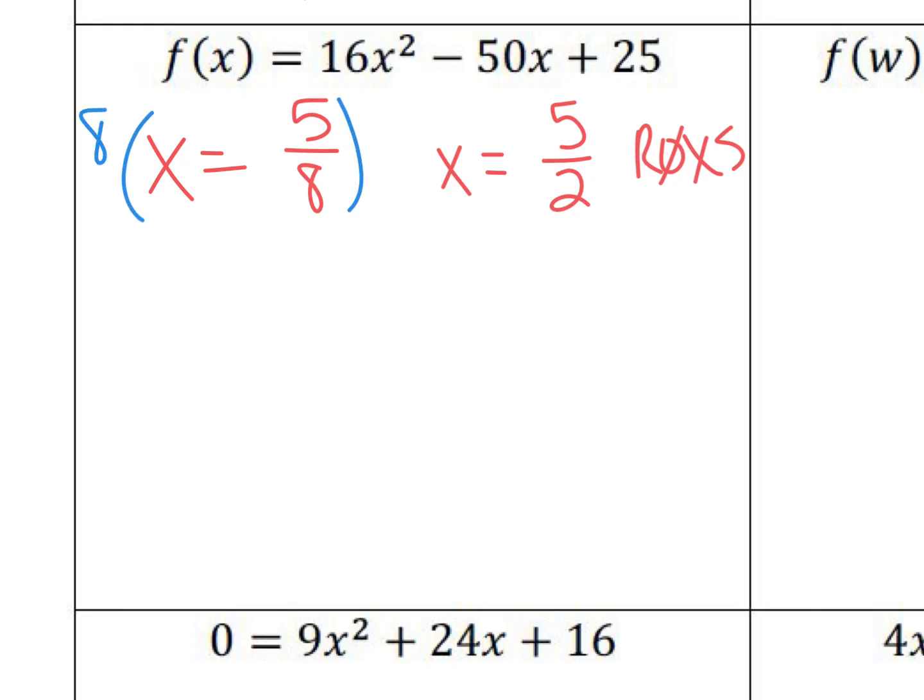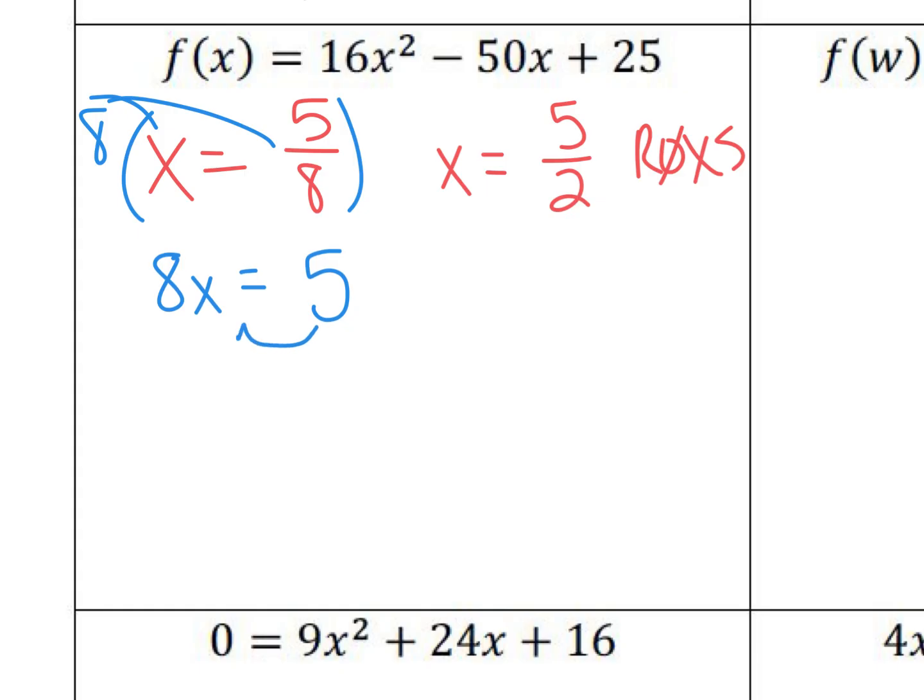So we're going to multiply by 8. Well, 8 times x is just 8x. And if you're not sure about 8 times 5/8, you can use your calculator. 8 times 5/8 is just 5 because we're getting rid of that denominator. That's why we're multiplying by it.